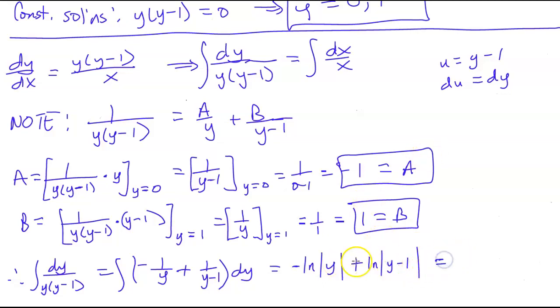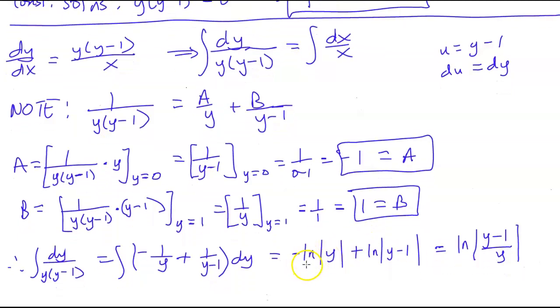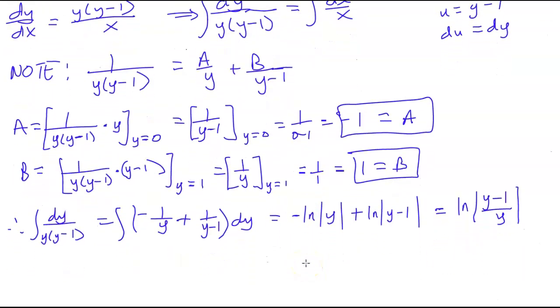And using our logarithm properties, we can rewrite this as natural log of absolute value of the expression y minus 1 divided by y. So now that we have that, the right side here is just natural log of absolute value of x.